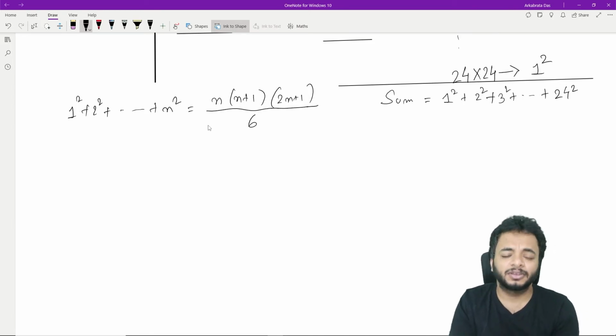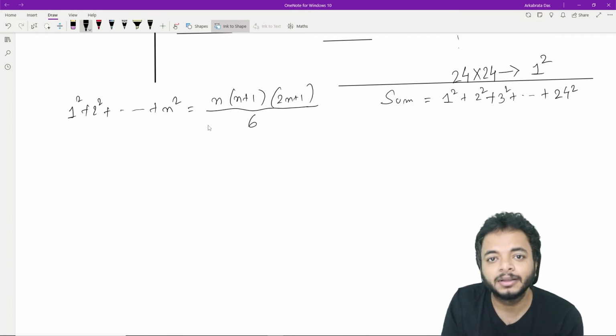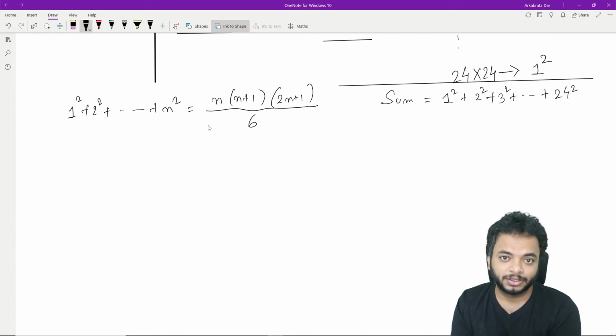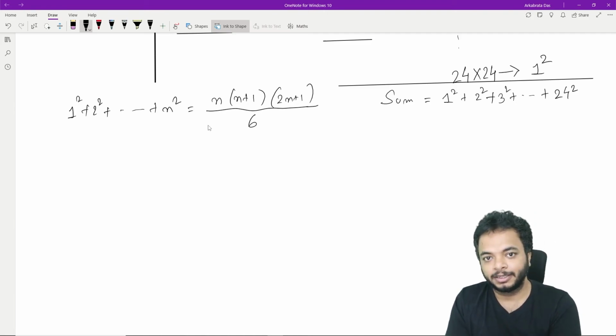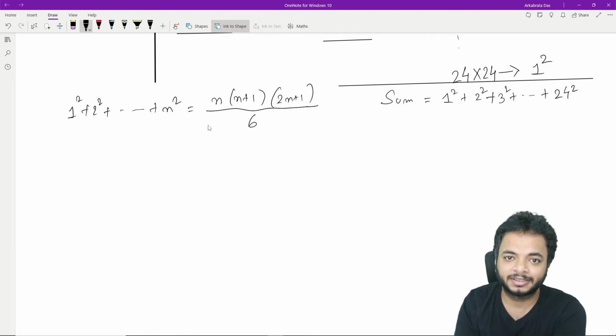If you still don't know this formula, why would you accept it just like that? You can verify it, you can prove it by the use of induction, okay, just induct on n and prove it.